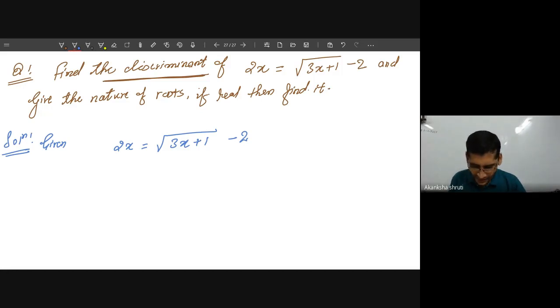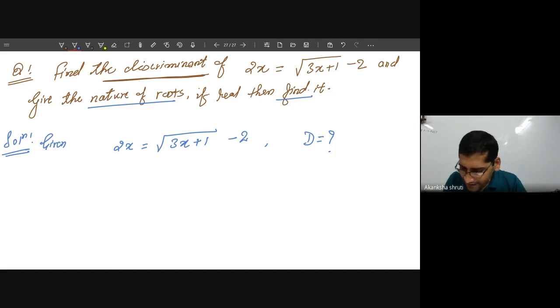If this is given, then you have to calculate D. What is discriminant D? Based on D, we can predict the nature of root, and after predicting the nature of root, if it is coming real, that can be calculated also.